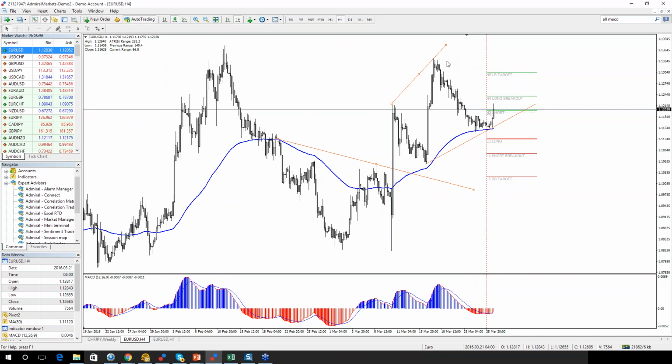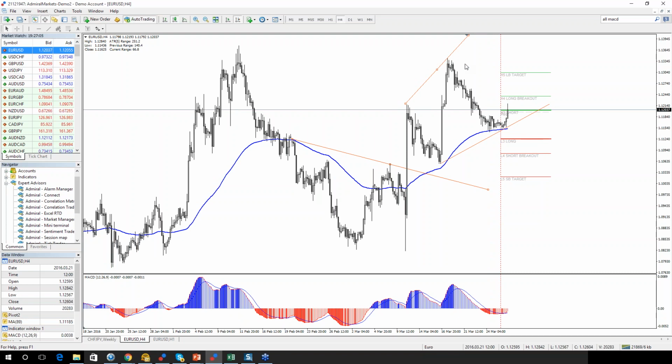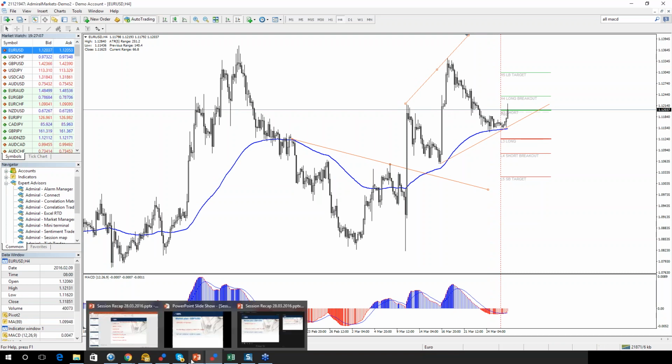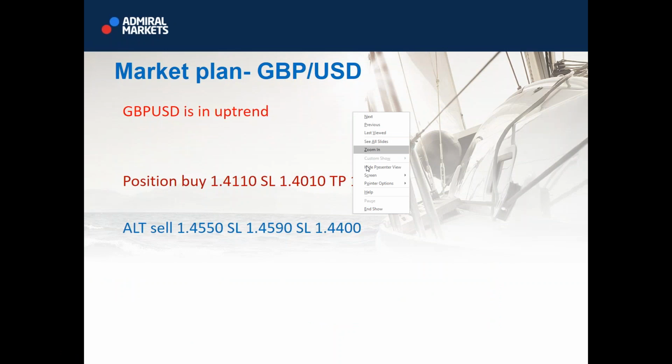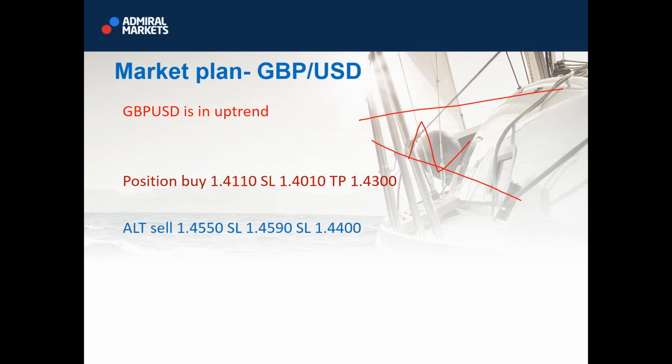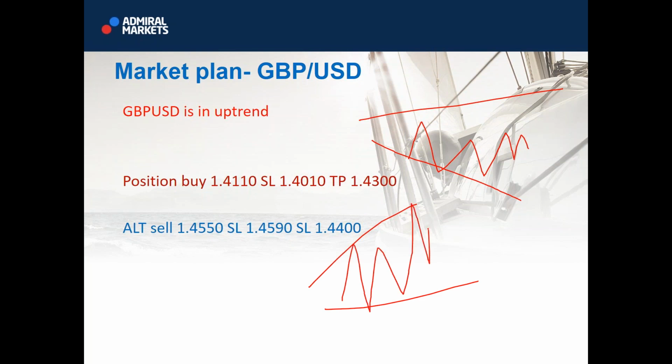This looks like a vertical, but it looks bullish because the angle of this megaphone is, look, to the upside. So when you see a megaphone like this, it's a ranging megaphone. When you see it like this, it looks ascending.